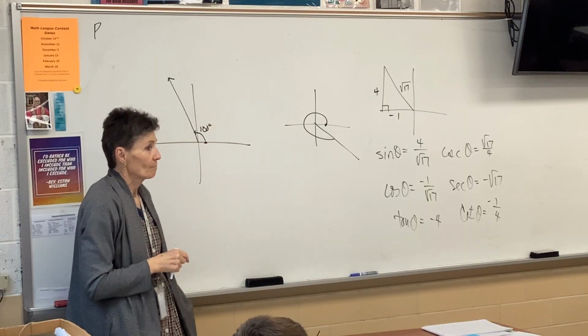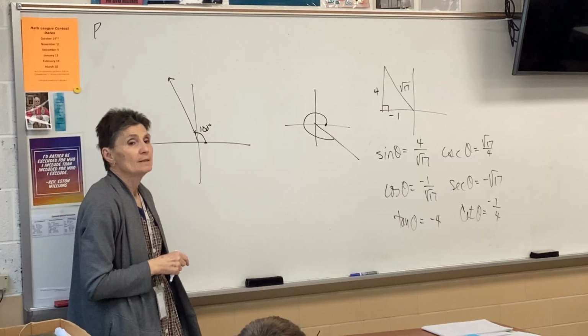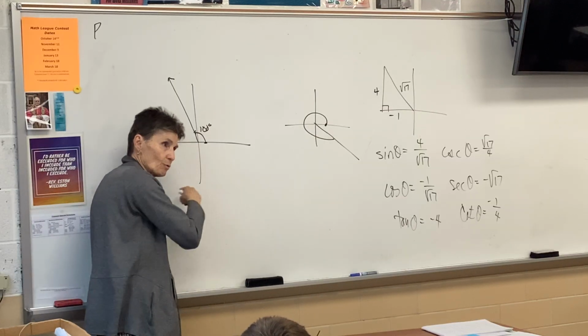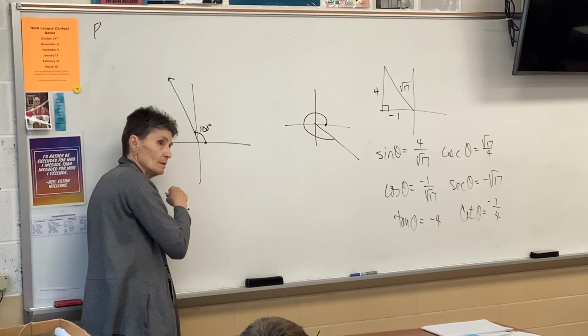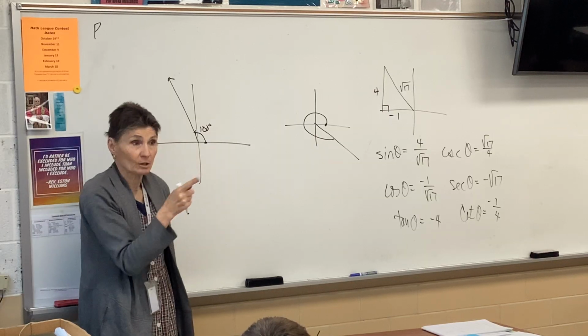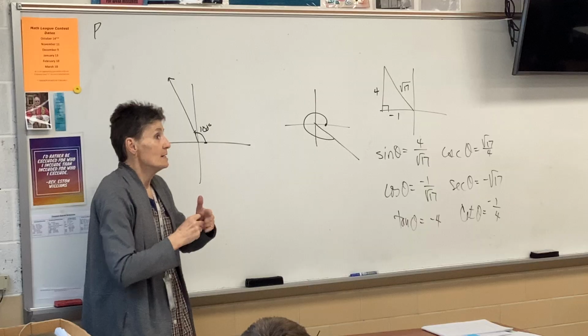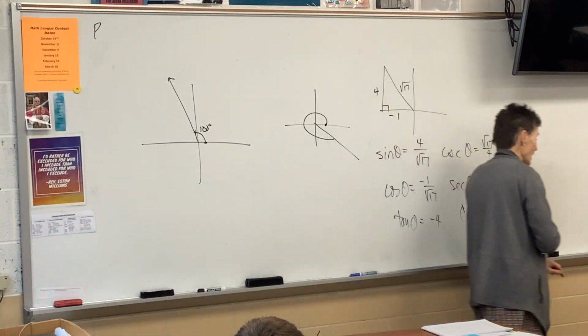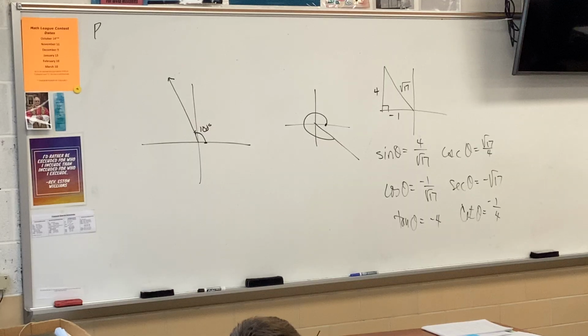-100 would be the same thing, but it would go down, the opposite direction. So there's a picture of the angle in question. Now, there are lots of other angles that would be drawn in the same place.